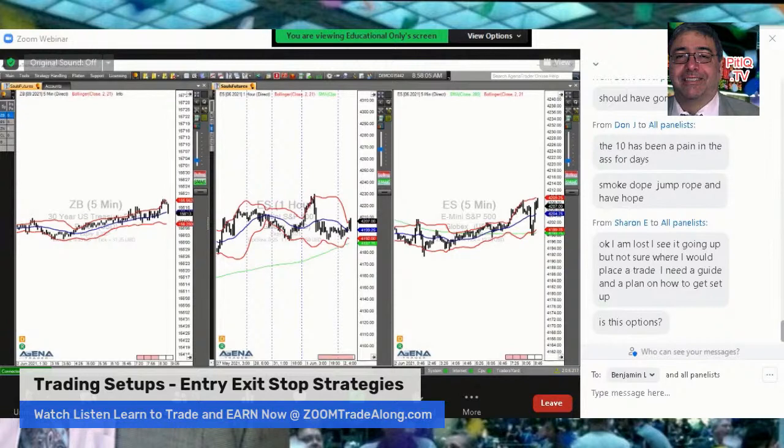We're trying to get 2 to 3 points, and each point is worth about $50 for each contract. So obviously, if you're trading 10, that would be $500. If you're trading 1, that'd be $50. And you would learn with smaller amounts here, because you need to learn what you're doing.